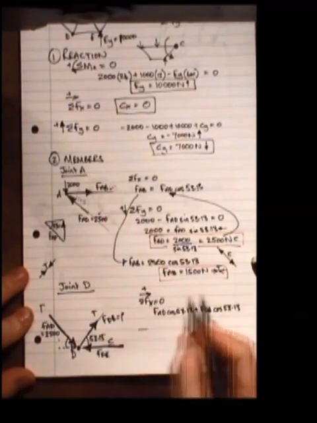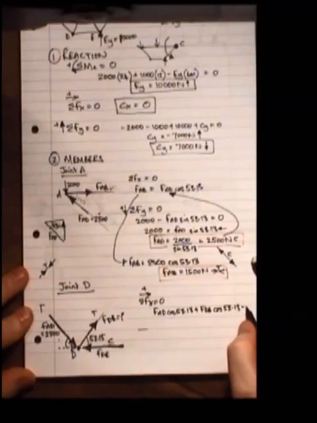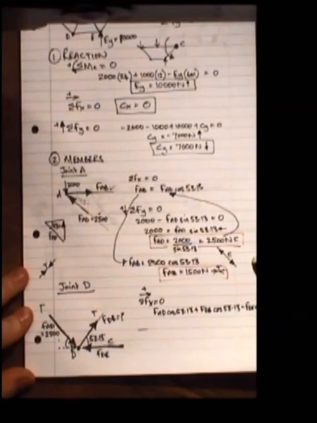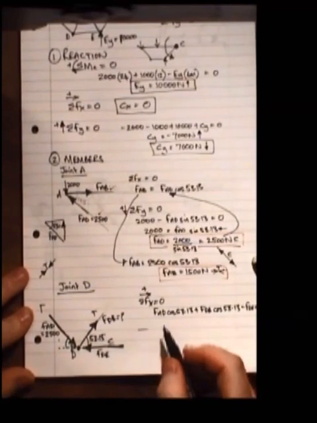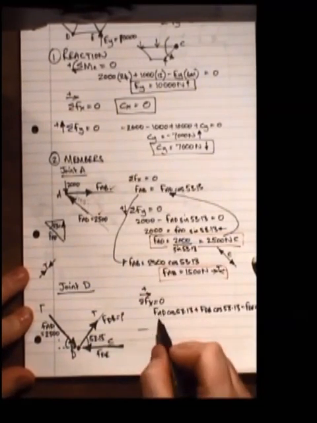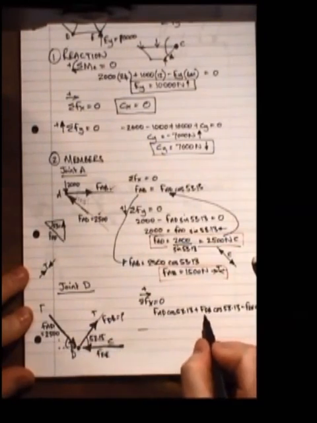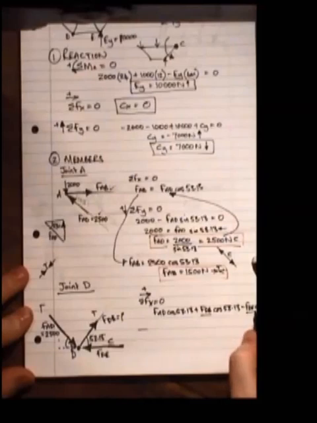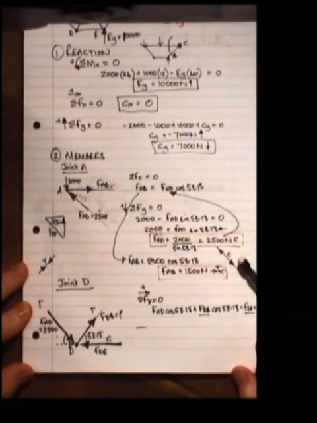FDE is also acting horizontally, it's minus FDE. That all equals 0. Our problem here is that we've got three unknowns. We've got FAD that we know is 2,500. We don't know what FDB is, and we don't know what FDE is. So let's apply another equilibrium equation.